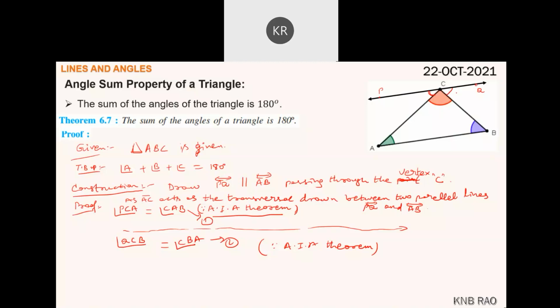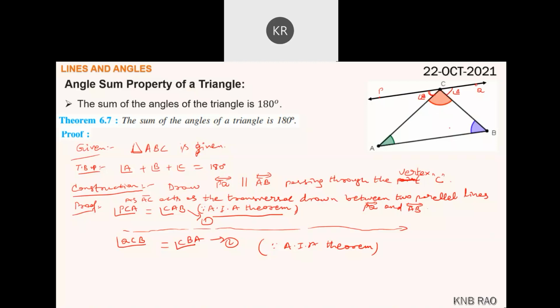Now, if it happens, then what is the use? Sir, angle QCB plus angle PCA plus angle ACB is 180 degrees. Reason why? Sir, because they lie on the same line and two rays are going out of the point C. Fine. But how will you prove it?